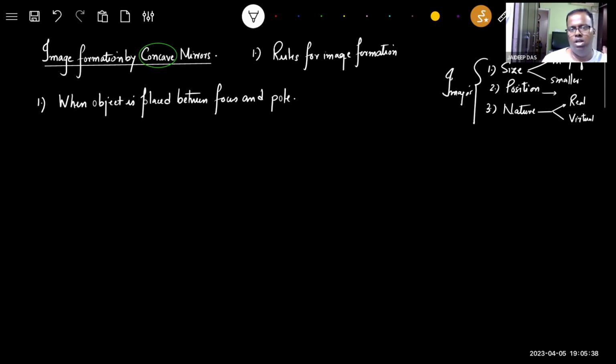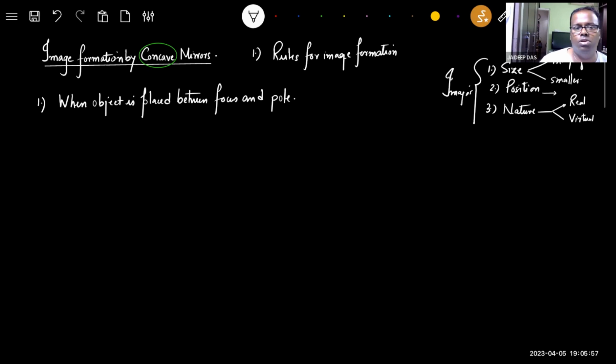Understood? So magnified means when the image is larger than the object. Smaller means obviously when the image is smaller than the object. Position means where the image will be formed. Nature, real or virtual. Children, how to understand real?